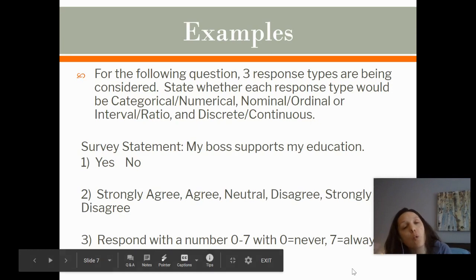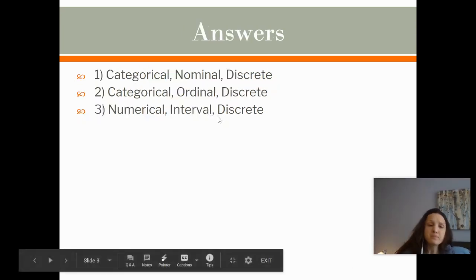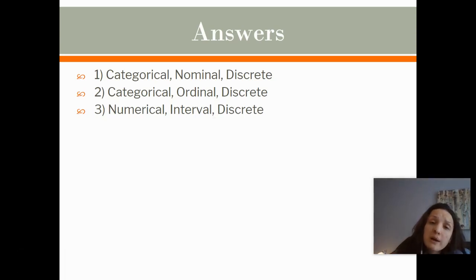Now we're taking a qualitative response and assigning it a quantitative value from 0 to 7. So I have some answers on the other slide here, but there's an argument that number 3, even though it's numerical data, represents a qualitative or a categorical value. Okay, so sometimes numbers really mean words, and we'll get to that later.